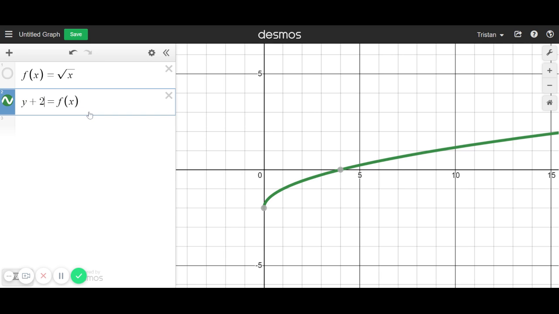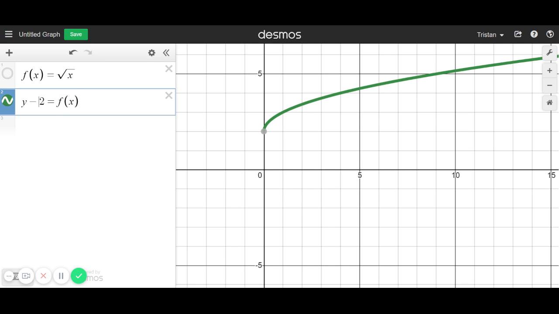So in fact, when you add 2, you shift down. That means if you subtract 2 from y, you shift up, right? I think I forgot until this moment that I've actually already explained this back when we were looking at circles and ellipses.